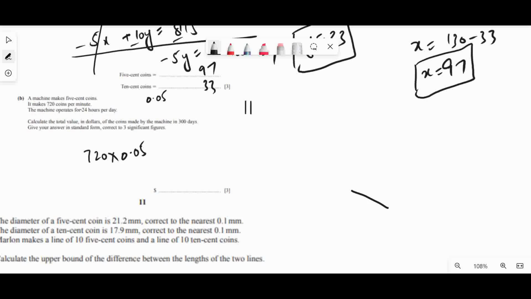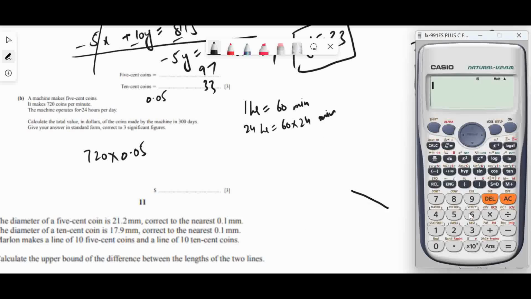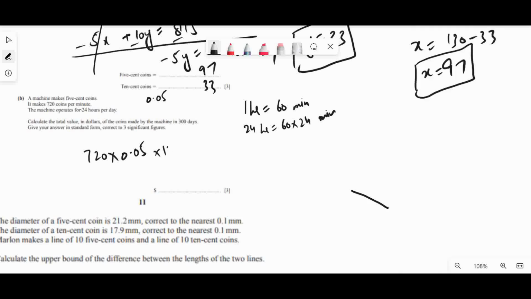So we know that 1 hour is equal to 60 minutes, as the value is given per minute. So we have to multiply for 24 hours. This will be equal to 60 into 24 minutes. So 60 into 24, let me find it out here. This will be equal to 1440.